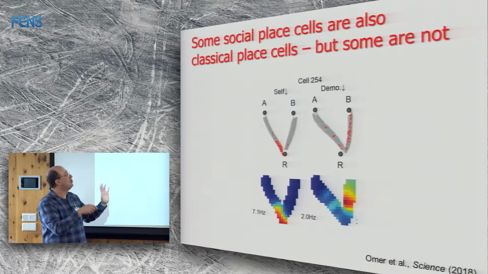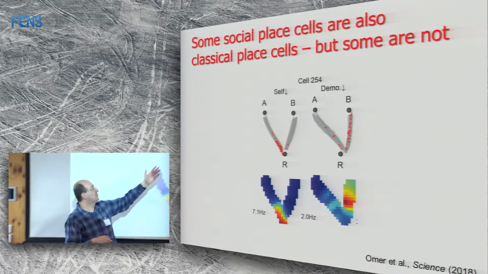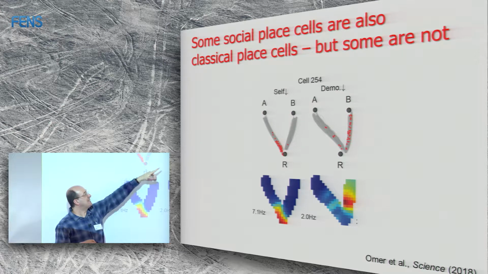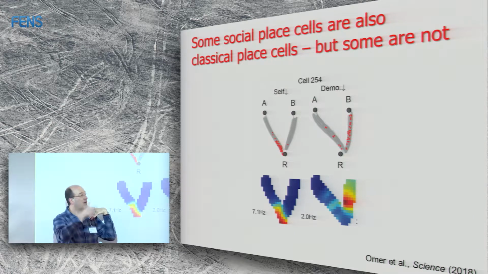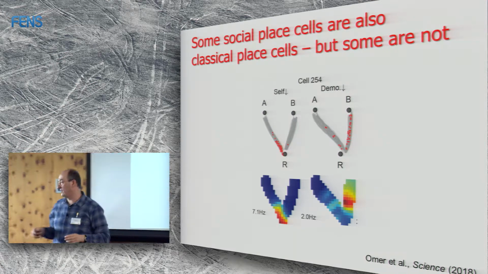In many of the cases, these neurons were both classic place cells and social place cells, as we call them, representing the position of the other. This is another example. When I'm flying, then the neuron fires here. The same neuron, when I'm stationary and you're flying, only responds when you're on the right arm. So again, representing the position of the other animal.